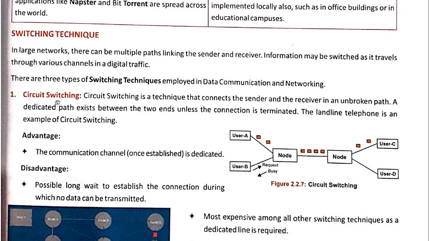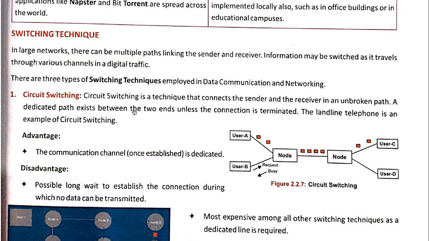So the first one is circuit switching. What is circuit switching? Circuit switching is a technique that connects the sender and the receiver in an unbroken path. Means in circuit switching, the two computers are connected with the help of wire and there is no broken path.